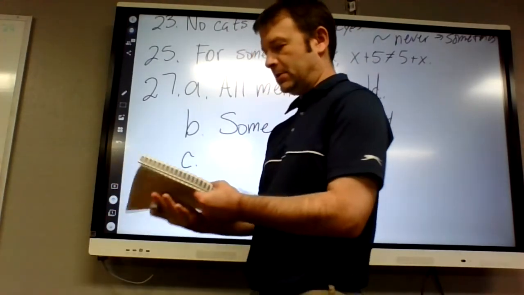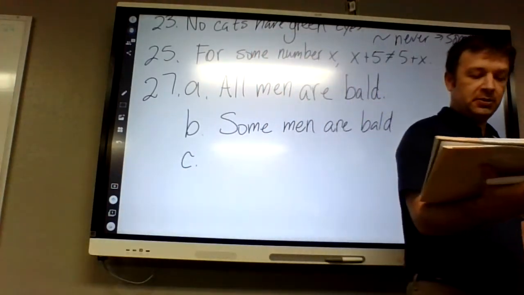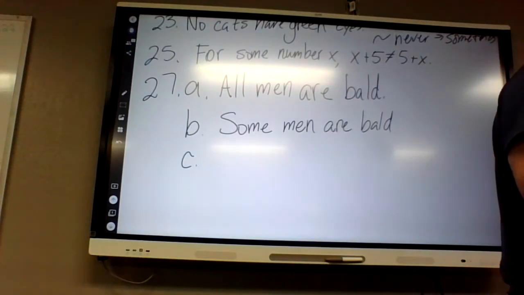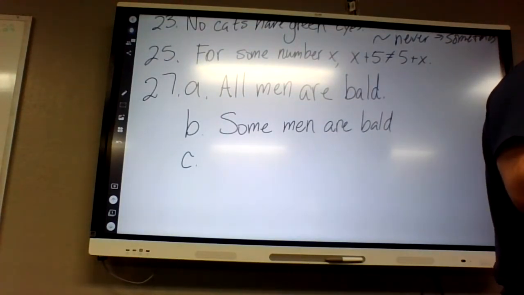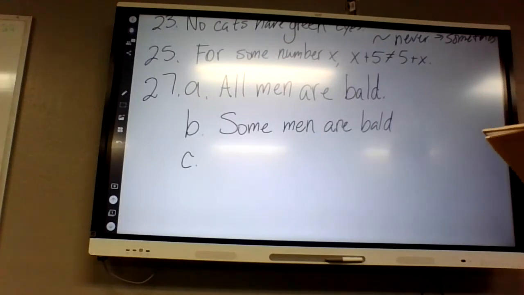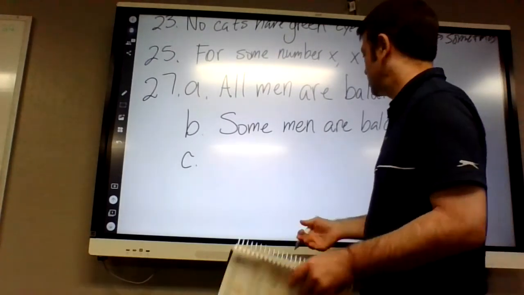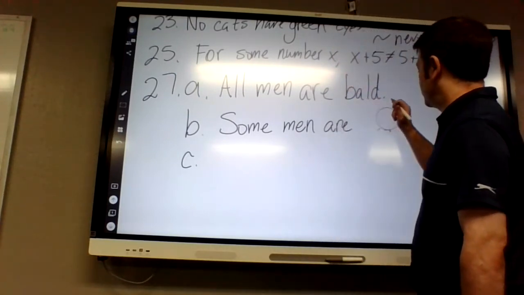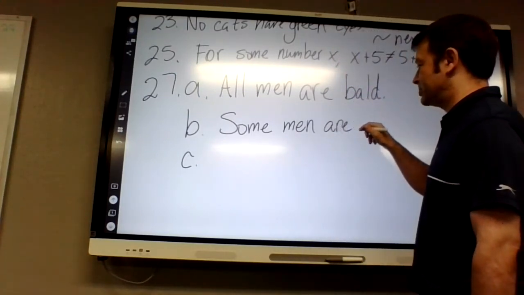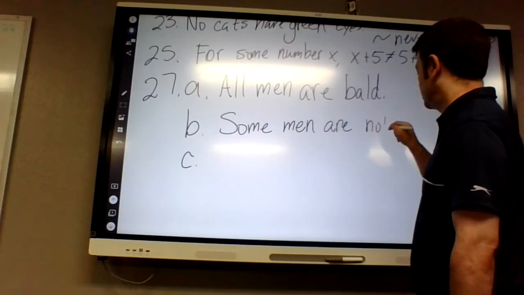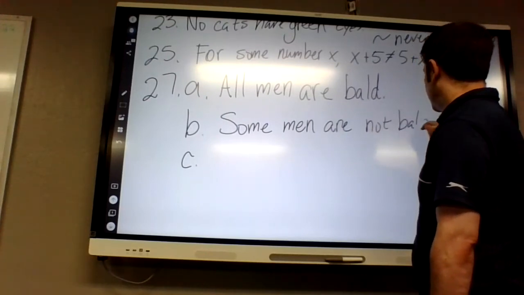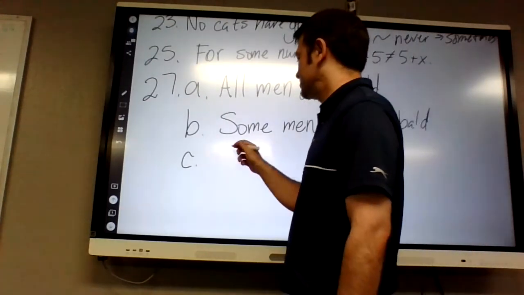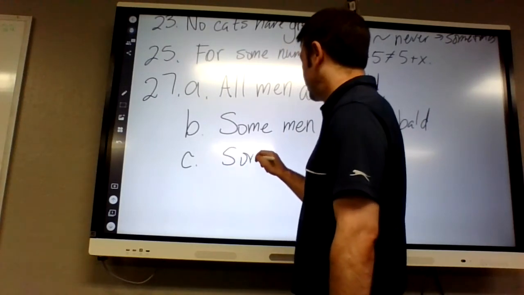Okay, C, what did the backwards E mean? Sometimes. Yeah, some men are bald. So they actually put, I see a difference, on B, they actually put some men are not bald. But that's the same thing as saying some men are bald.